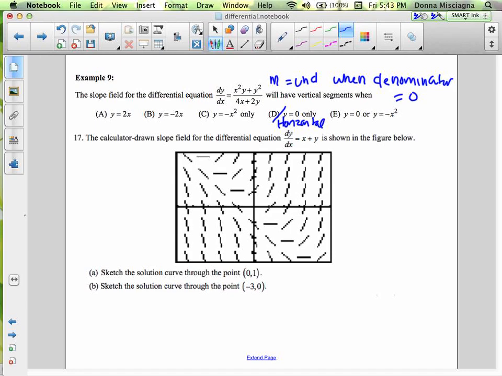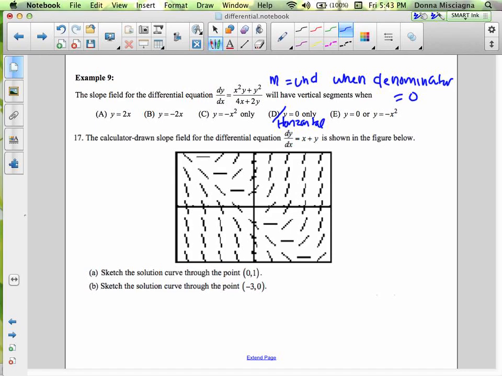Y equals 2x. If I plug in 2x everywhere, hopefully we can solve this one. I'm going to write it over here. This picture, by the way, has nothing to do with the picture above it. It's the first time I've used this particular question, I believe.